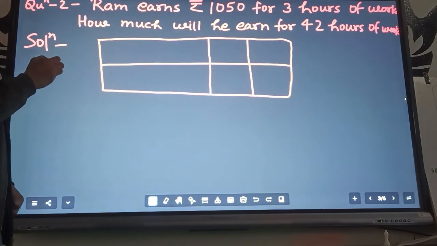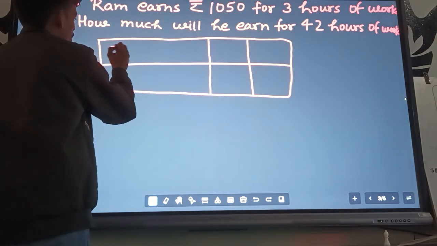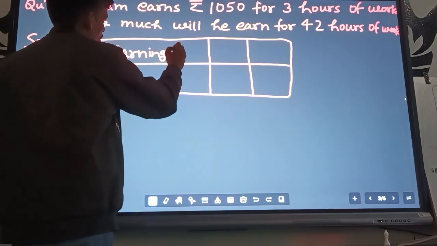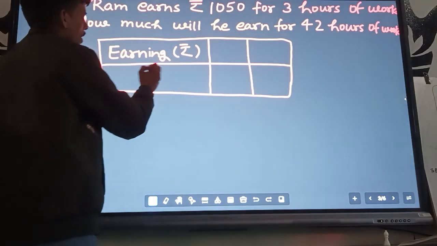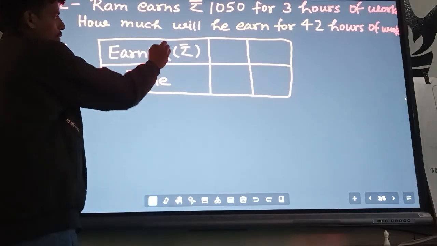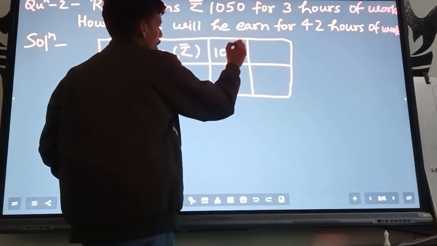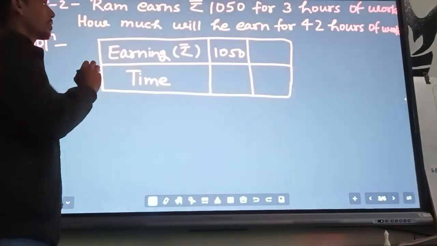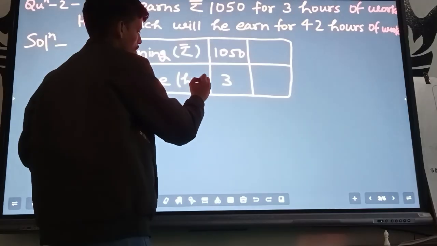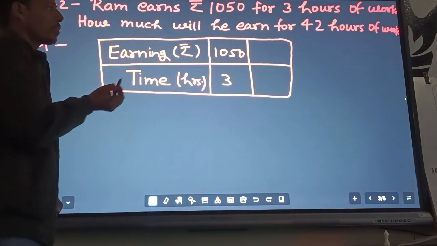Here we will write earning in rupee, and here time. The earning is rupees 1050 and he worked for 3 hours. In 3 hours he earned rupees 1050.